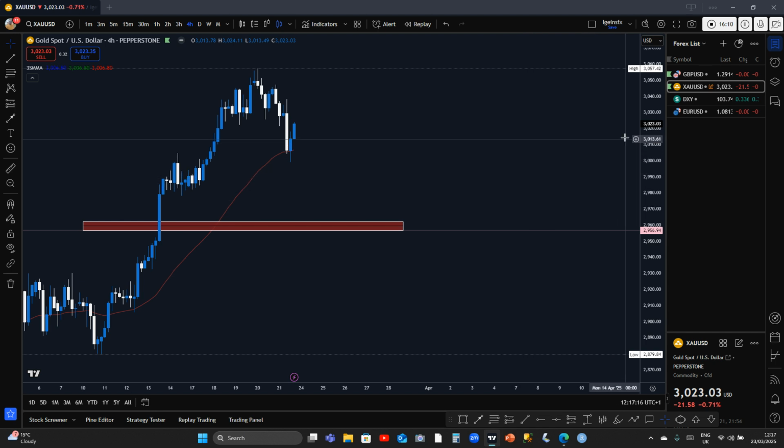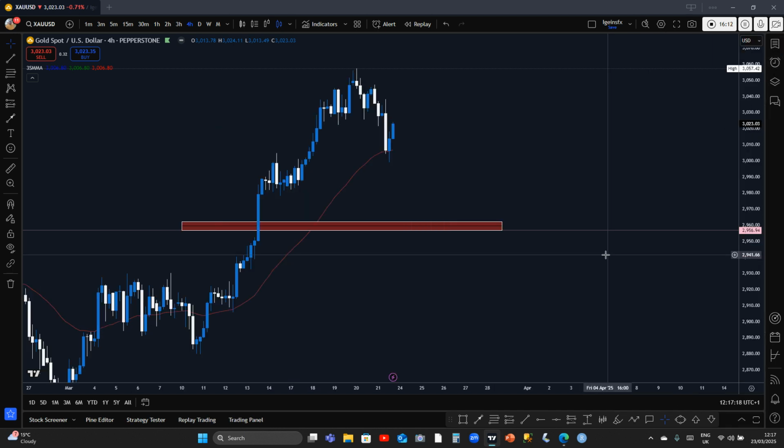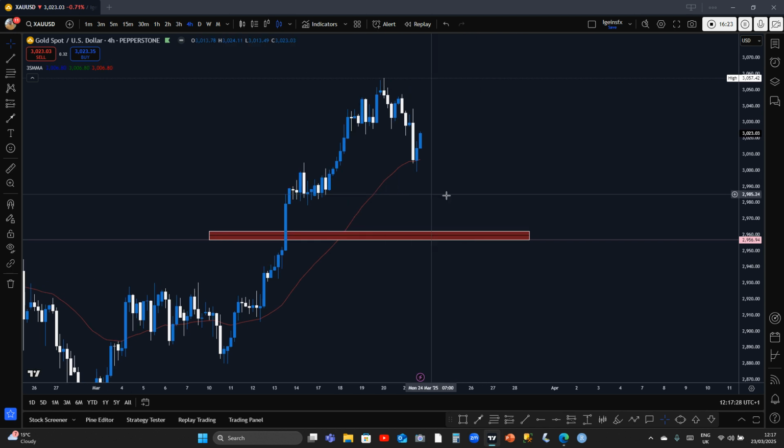Now the gold USD will be what? Be bullish. Do you know why it's like that? It's like that because when gold is appreciating, dollars will be depreciating. And when dollars is appreciating, gold will be depreciating.